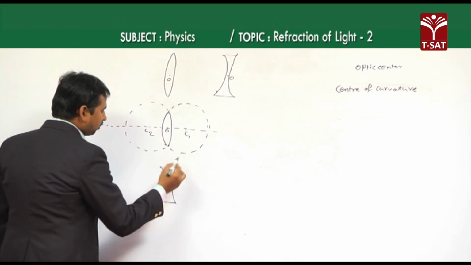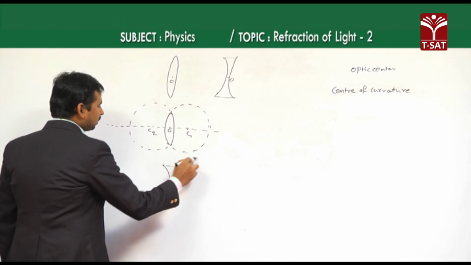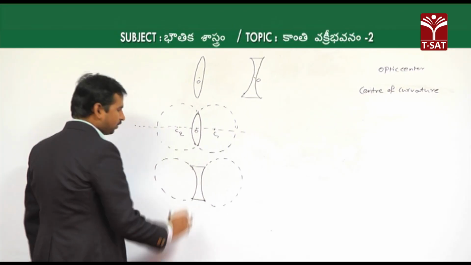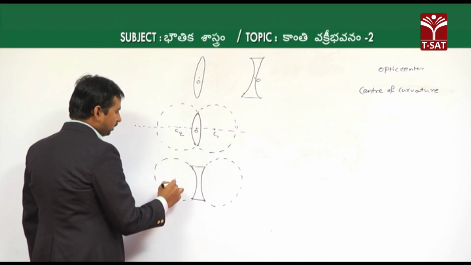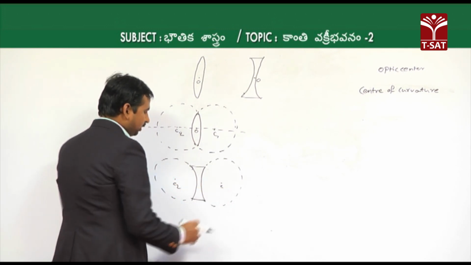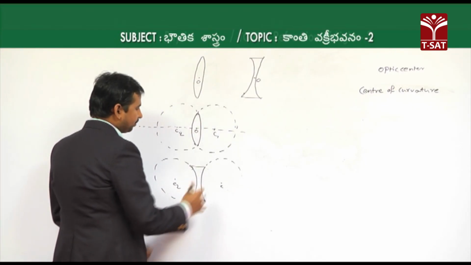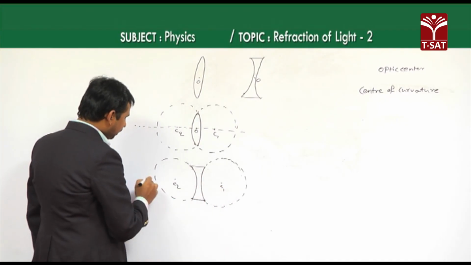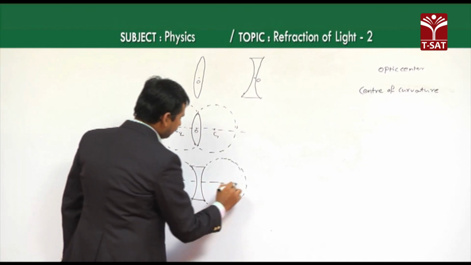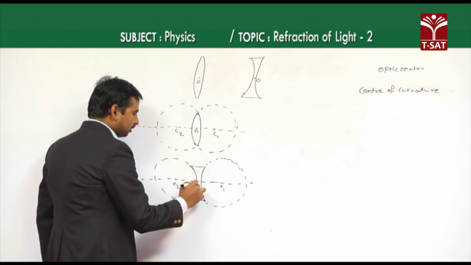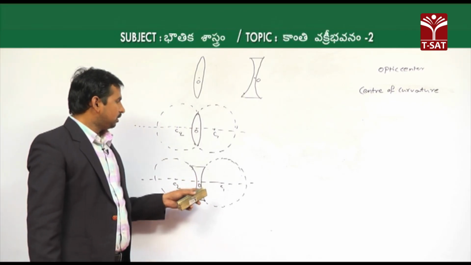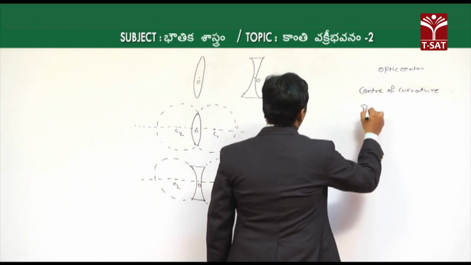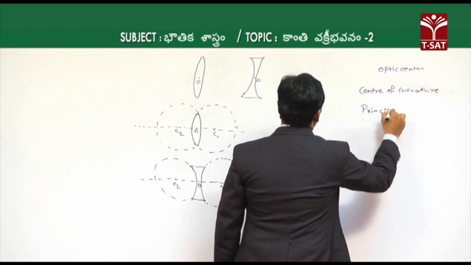If this is a double concave lens, with each curved surface taken from a sphere, the centers are C2 and C1, and the line joining C2 and C1 is called the principal axis.